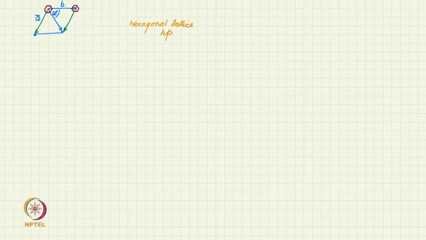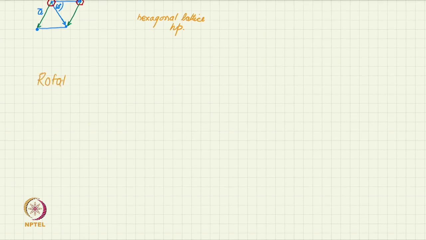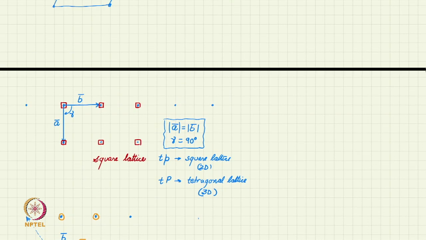So, rotationally, you saw that in terms of rotation, we have different lattices: oblique, then square, and hexagonal. Oblique, I did not give you the symbol.